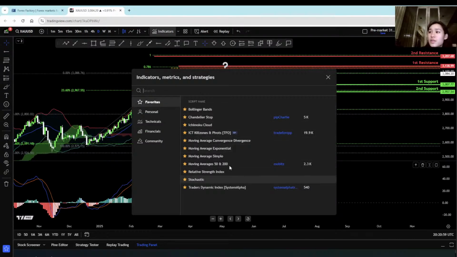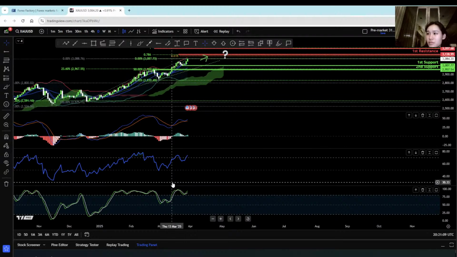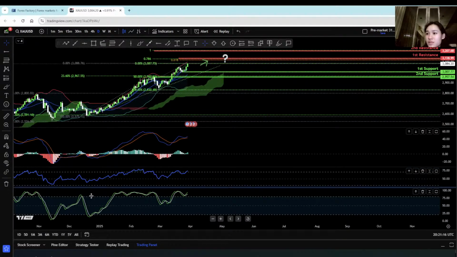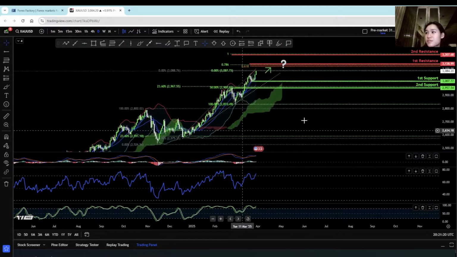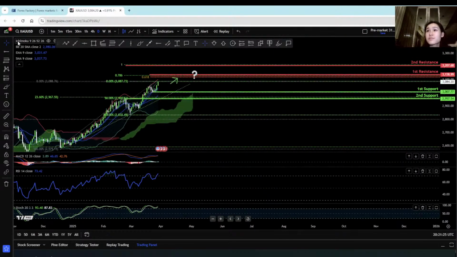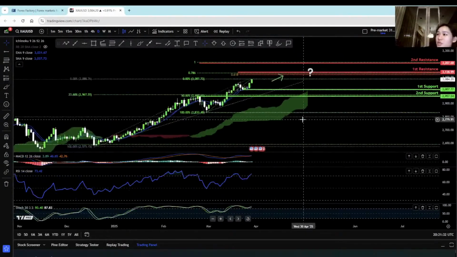Let's also maybe look at EMA, SMA, RSI, and stochastic. Okay, so you can see prices, I think, let me just zoom in.